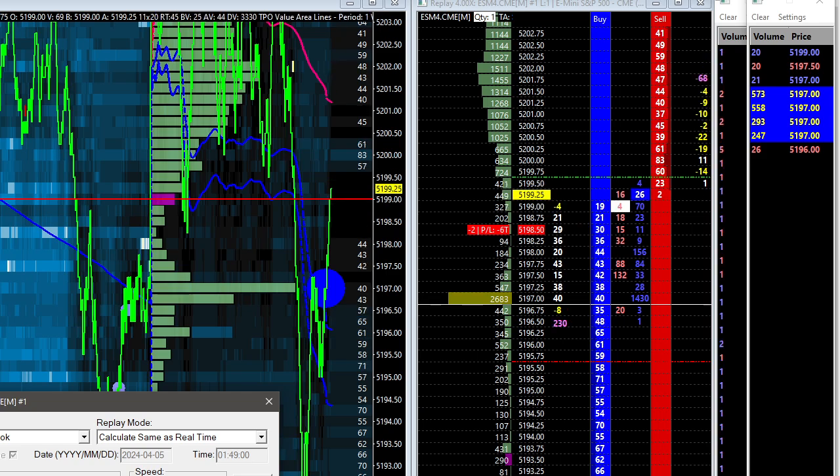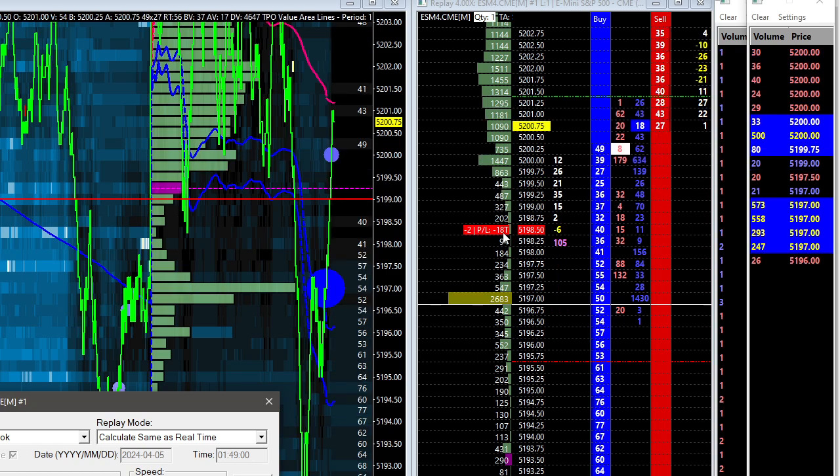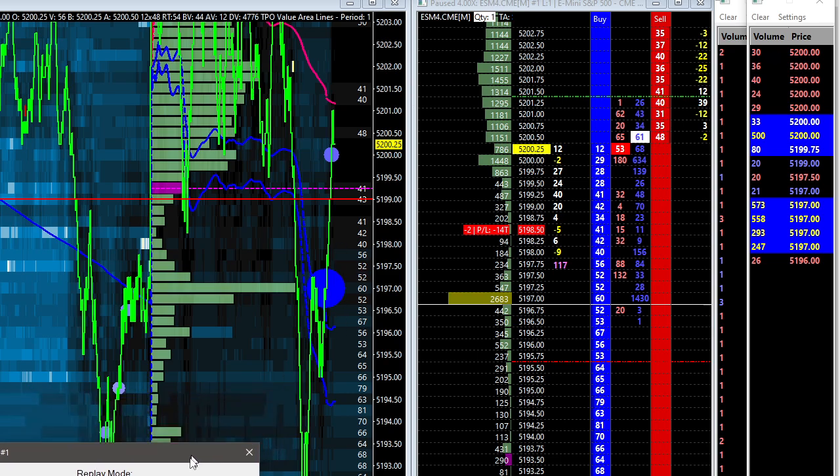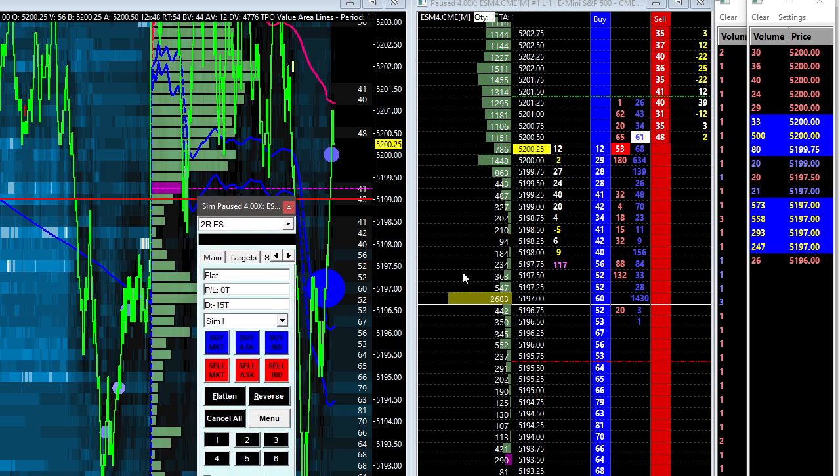I'm not sure why this is putting me in a position in the sim here. Big trade offer lifted, to be honest. But anyways, typically when this happens in the market, when we see this huge absorption, I'm just going to flatten this out, because I don't know why that's put me in a position.